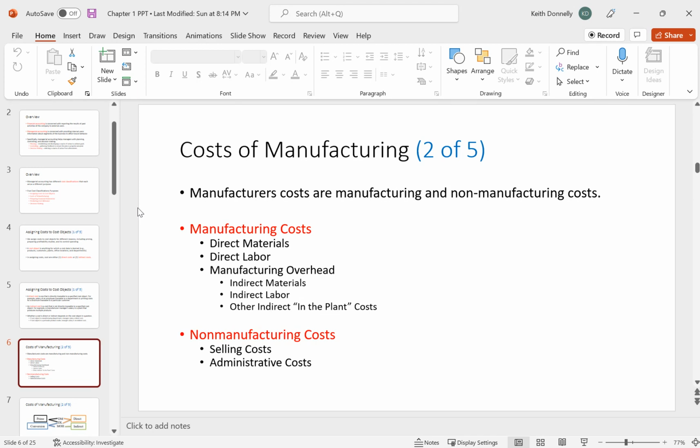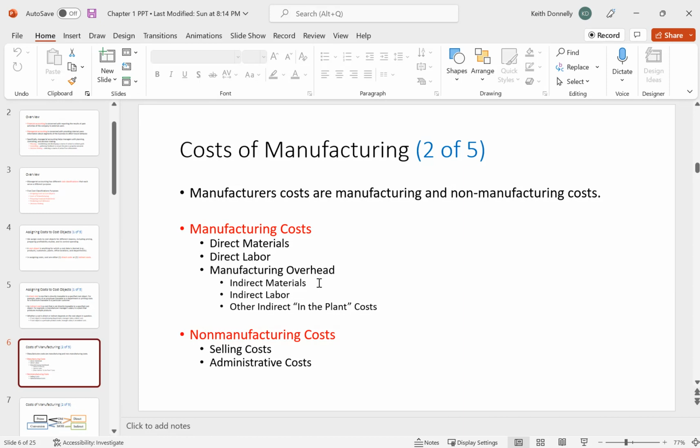So indirect materials, indirect labor, and other indirect, as I have here, in the plant, so like in the manufacturing plant, costs. So we'll look at this, we'll go through some examples, but again, manufacturing cost is broken into two things, a direct component and indirect. And with that, there's three kind of overall components to it: direct materials, direct labor, and manufacturing overhead.